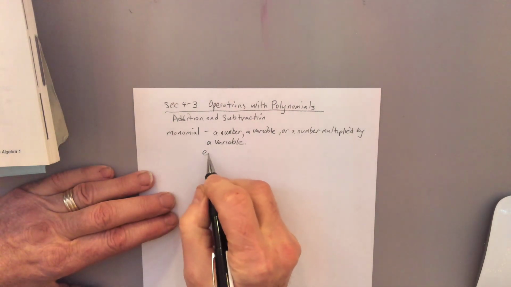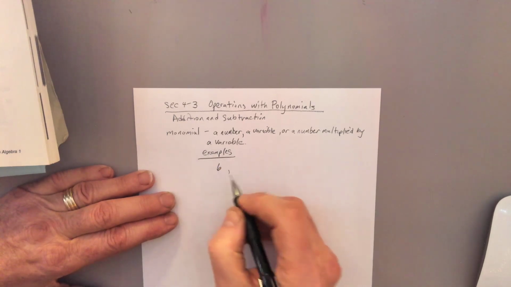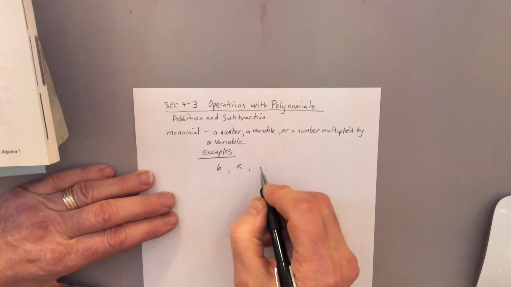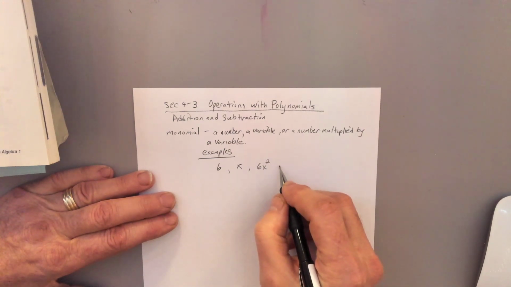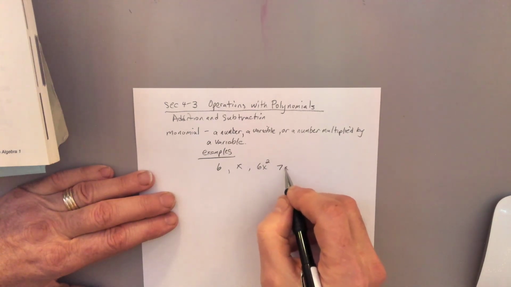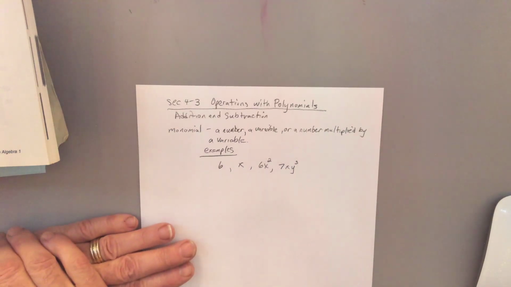So examples of monomials are 6 or x or 6x squared, 7xy cubed. Those are all examples of monomials.